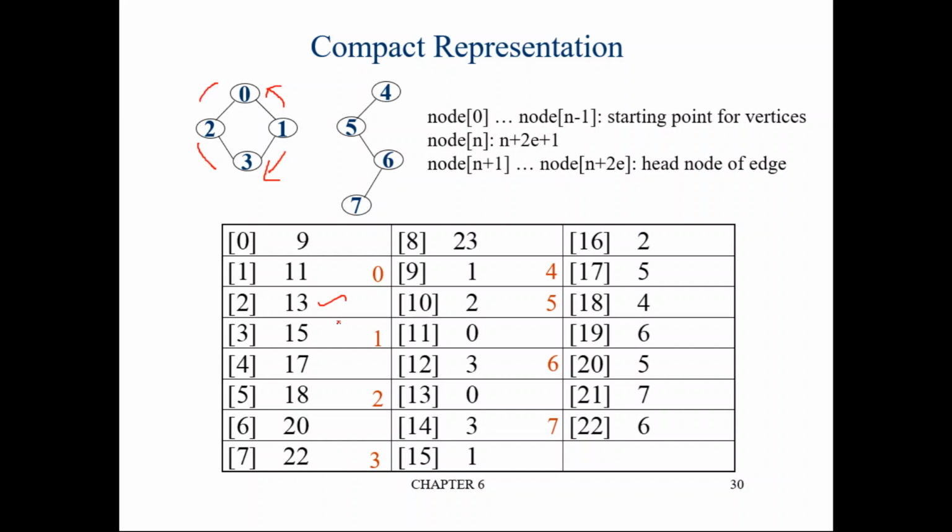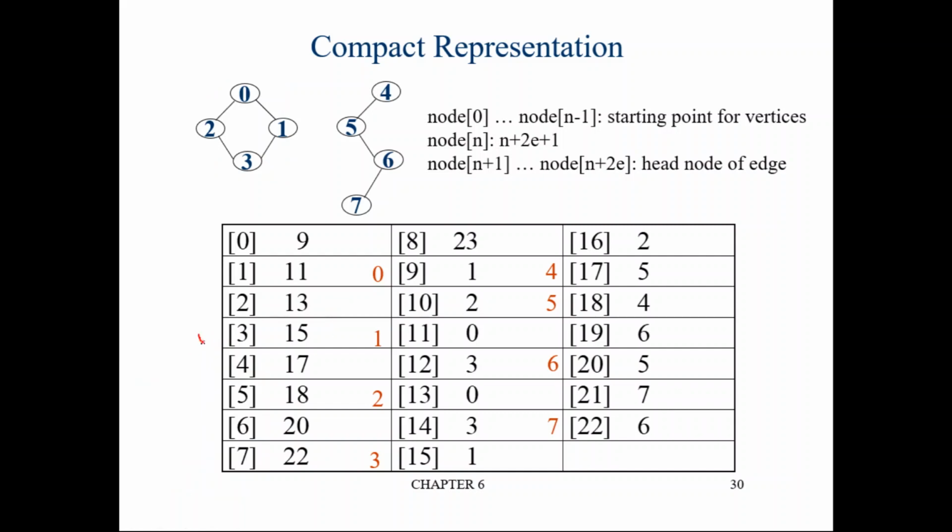So vertex 2's edge detail is available in the 13th location, and it has 2 edges, so it occupies 2 locations starting from 13. So 13 plus 2 is 15. So the details of vertex 3 will be available from 15. Okay. Now you go to vertex 3. It contains how many edges?